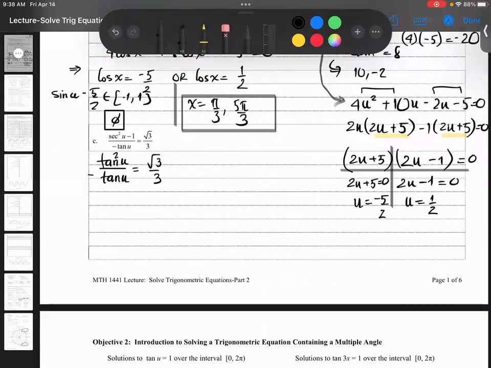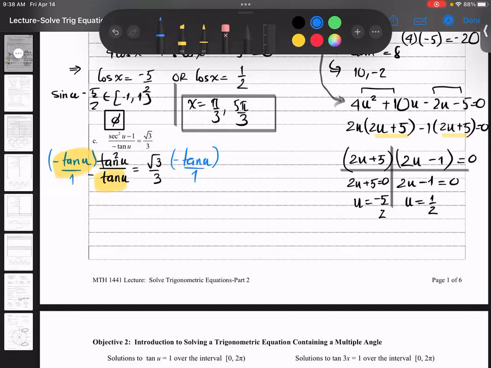What I'm going to do is multiply both sides by negative tangent u. I cancel the left side. Now, why do you say you don't cancel?